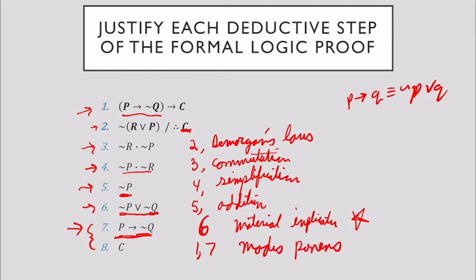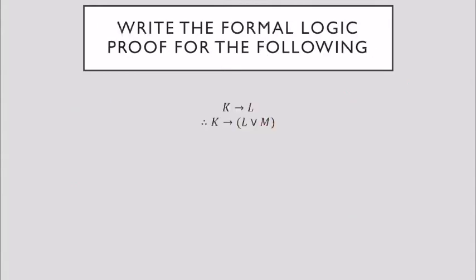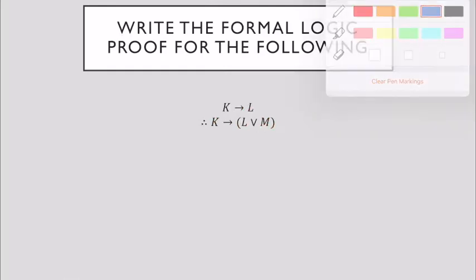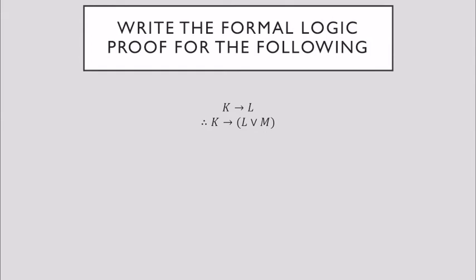So why don't we go ahead and write the formal logic proof for this statement. I have K implies L. Therefore, K implies L or M. Now that seems really kind of trippy, right? Because I've got an extra M from somewhere.